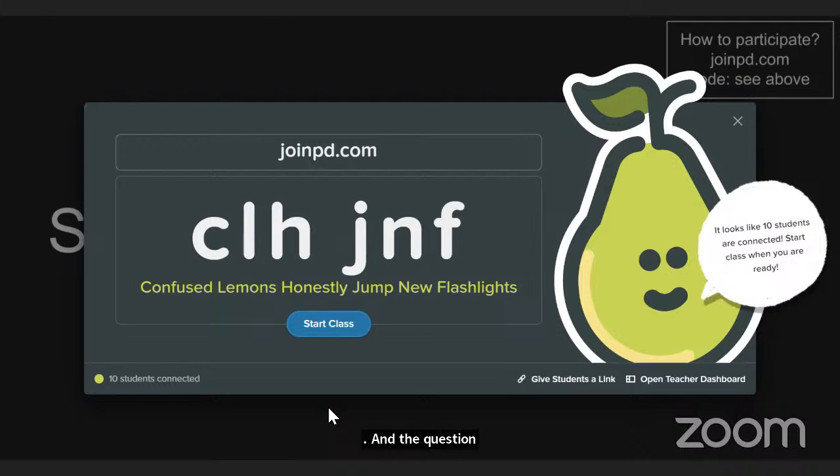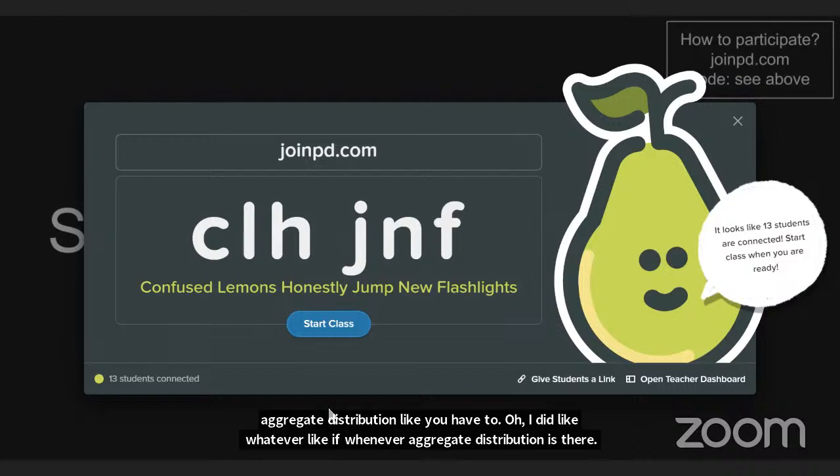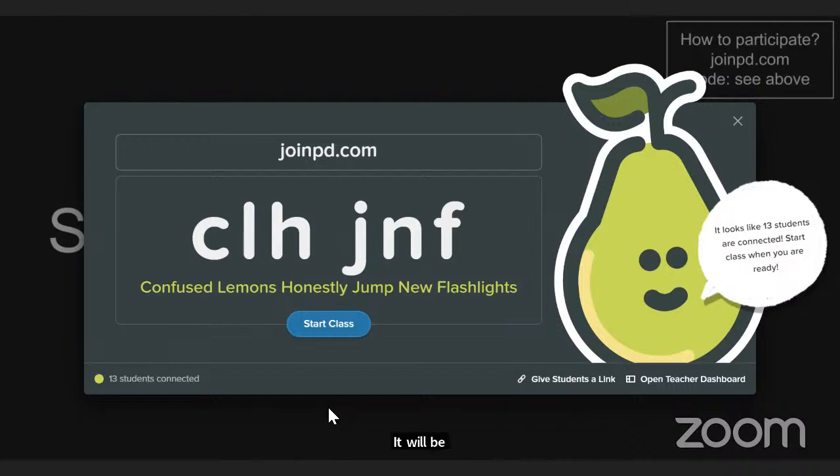I'm confused whether it needs the exact frequency or the percentage or the ratio. Whenever aggregate distribution is there, it will be with more than one category. Then you will have an aggregate distribution.